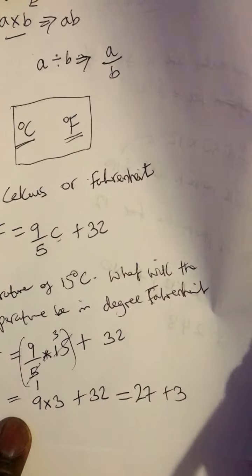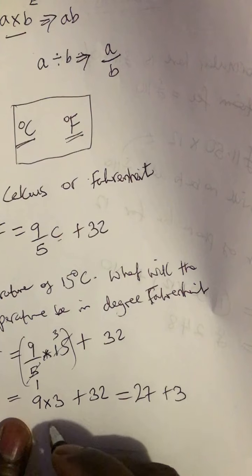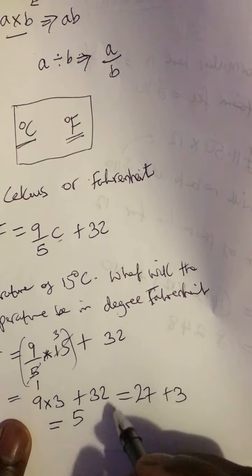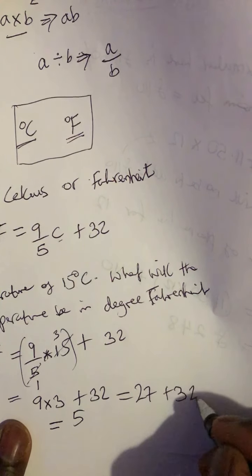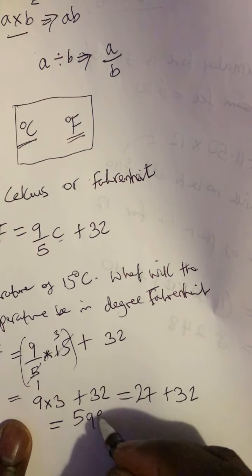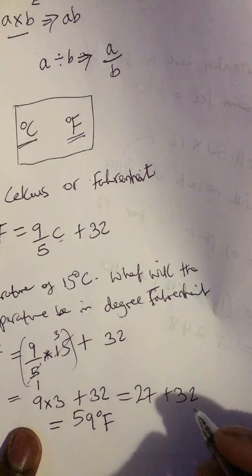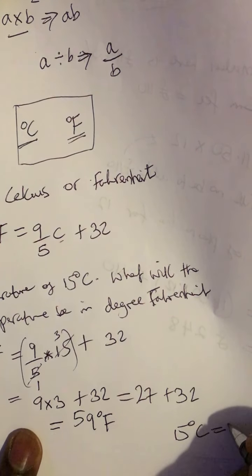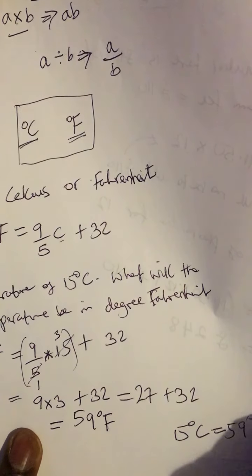This will give us 59 degrees Fahrenheit. So 15 degrees Celsius is the same thing as 59 degrees Fahrenheit.